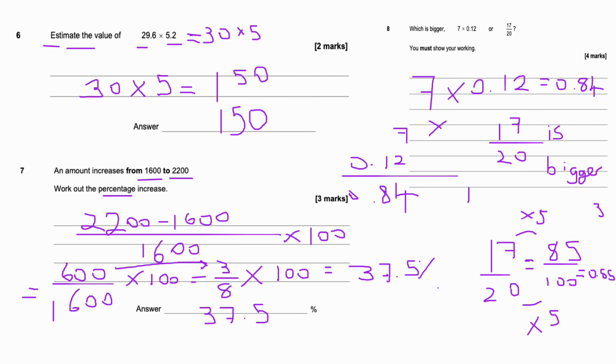Of course, I could have used the bus stop method and just done 17 divided by 20, but I thought I'd find an alternative way to make the sum a bit easier. Because I recognised that the denominator is 20, which is a factor of 100, so I can just put it over 100.